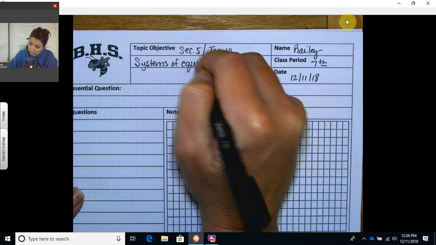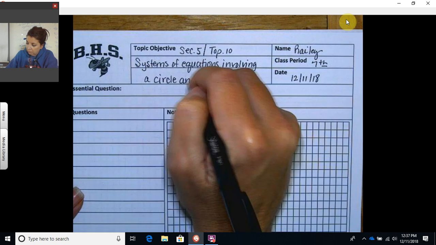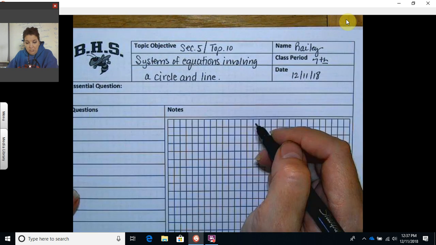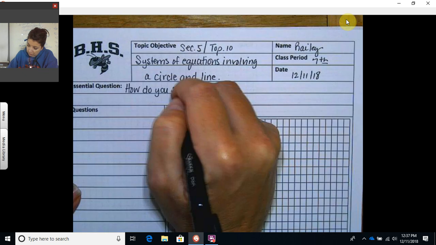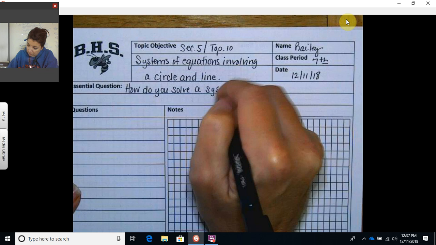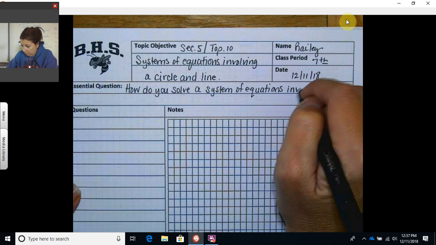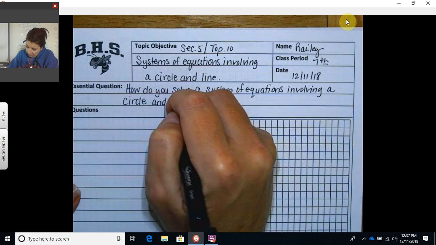And the essential question is, how do you solve a system of equations involving a circle and a line graphically?